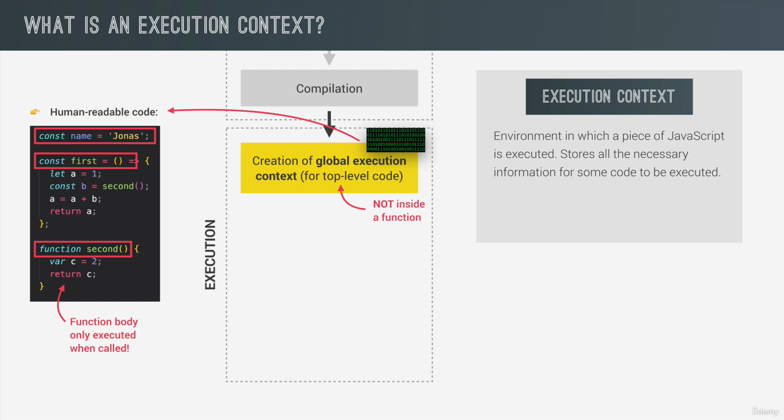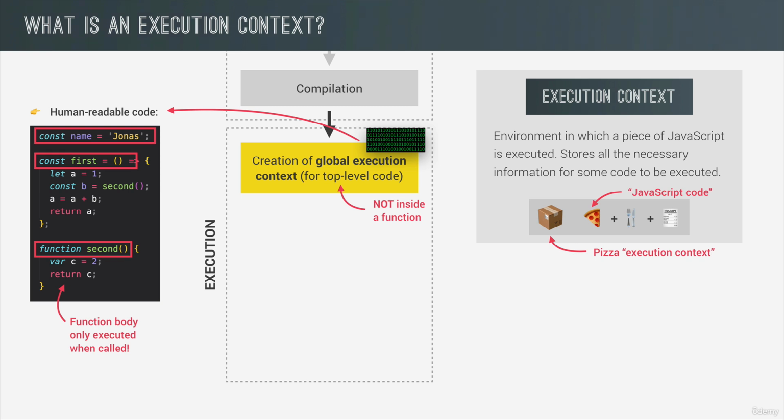And to make this a bit more intuitive, let's imagine you order a pizza at a takeaway. So usually that pizza comes in a box, right? And it might also come with some other stuff that is necessary for you to eat the pizza, such as cutlery or a receipt, so that you can actually pay for the pizza before eating it. So in this analogy, the pizza is the JavaScript code to be executed, and the box is of course the execution context for our pizza.